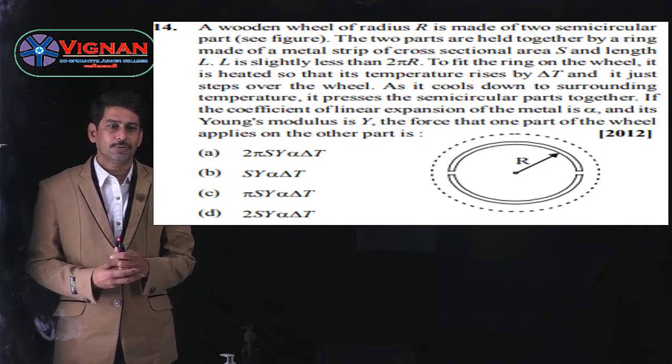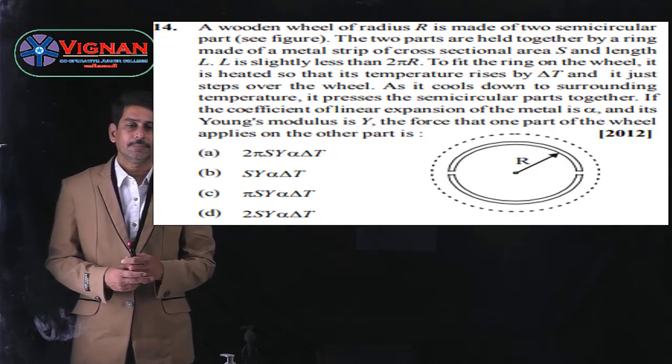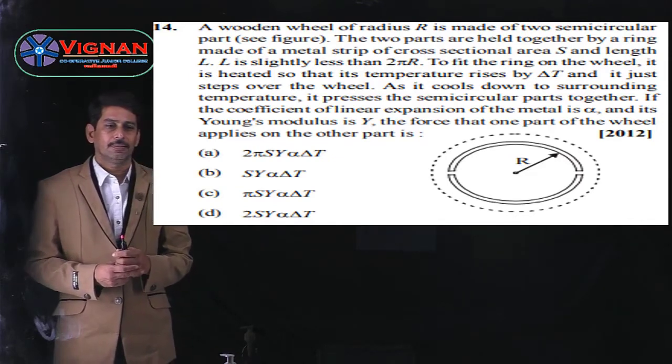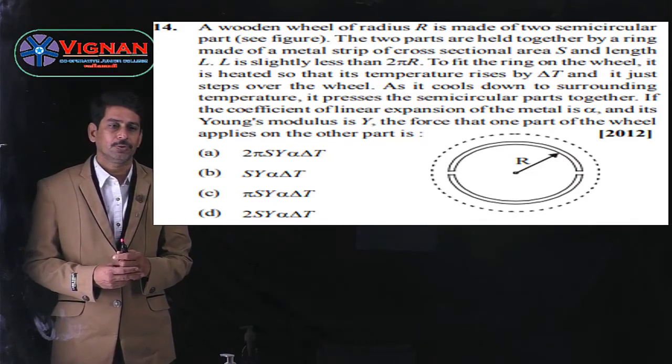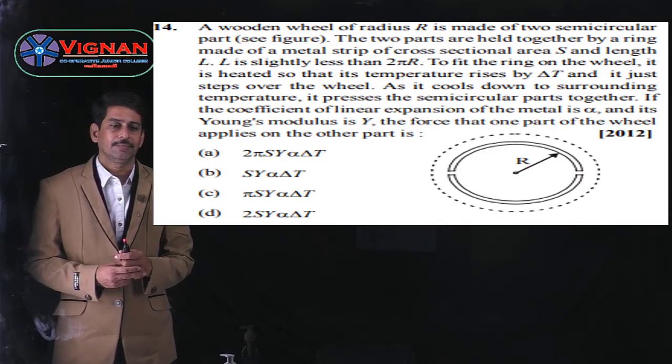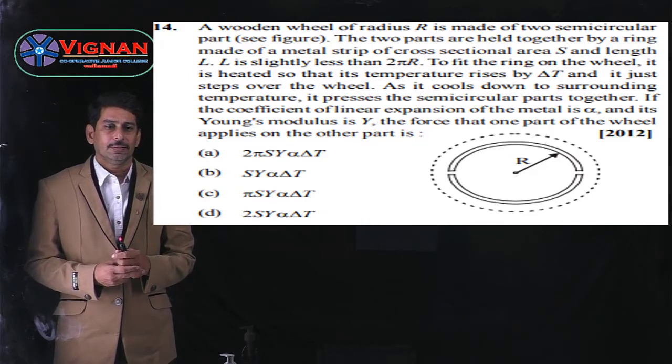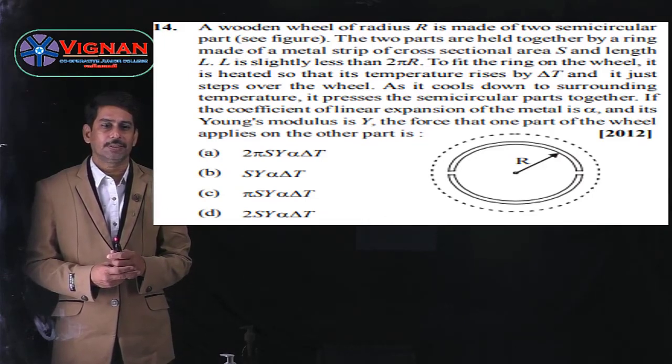As it cools down to surrounding temperature, it presses the semicircular parts together. If the coefficient of linear expansion of the metal is alpha and the Young's modulus is Y, the force that one part of the wheel applies on the other part is.